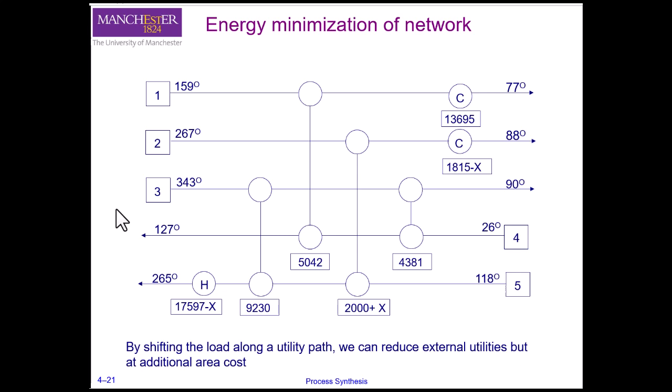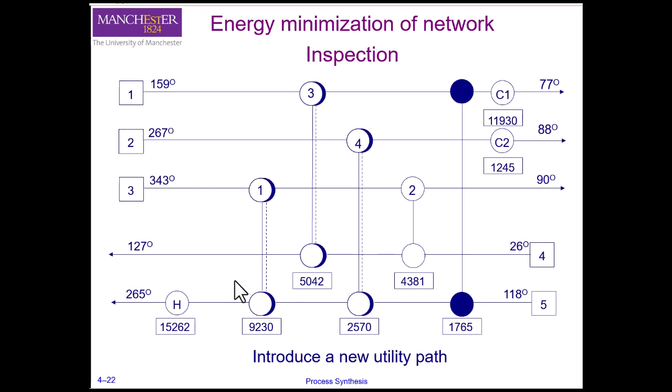Now, if we are going to change the network structure, it might be interesting for us to use the insights that we have for the degree of freedom. In order to reduce the energy consumption, we need to make a connection between this heater here and this large cooler here. We already have a path in this network, but what we can also do is make a new path to connect stream 1 with stream 5 and add an exchanger here between the hot stream and the cold stream 5.